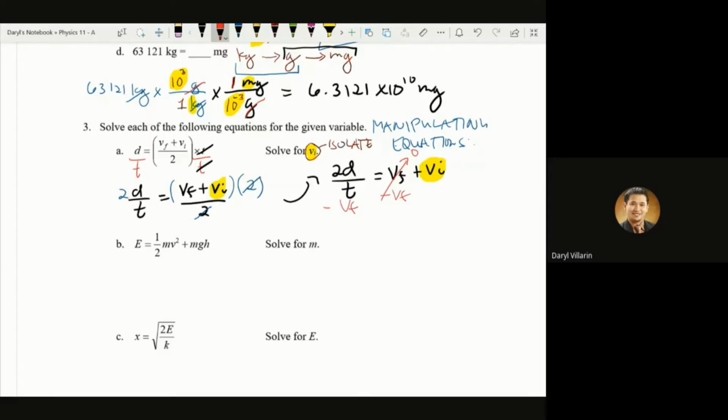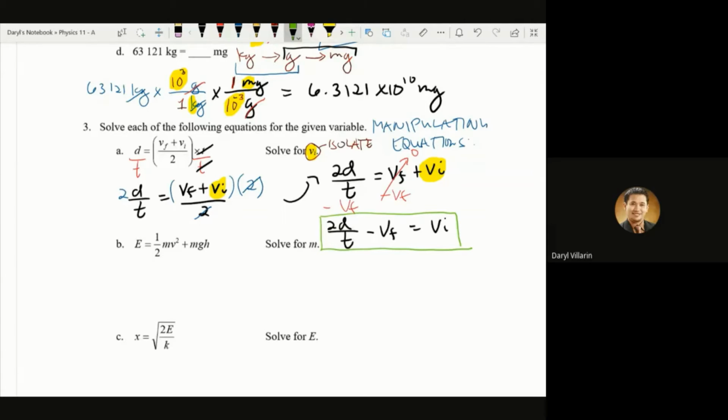So if I subtract vf from 2d over t, that gives me 2d over t minus vf is now equal to vi. So that would be my final answer. I already separated my vi from the other variables.